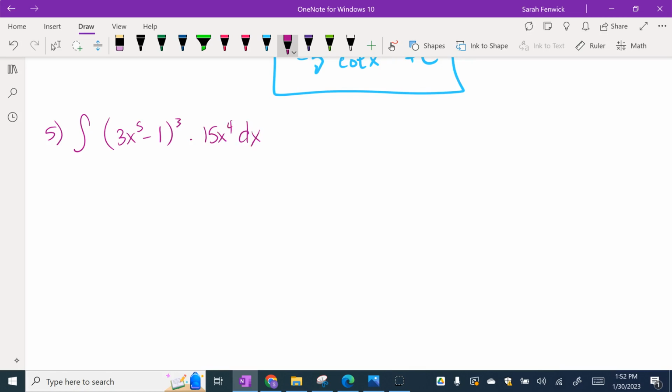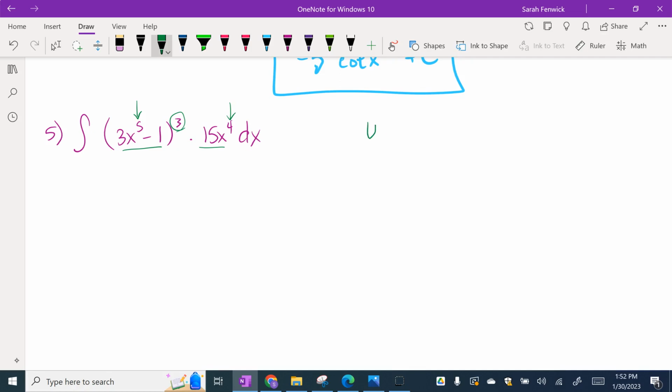We are going to do what's called, I call it U substitution or just substitution, either way. The way I'm looking at this is I have a function inside of a function and then another expression over here separate. Notice that my inside function's power is 1 more than my outside expression.